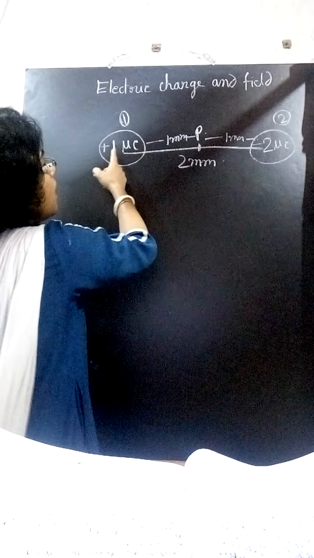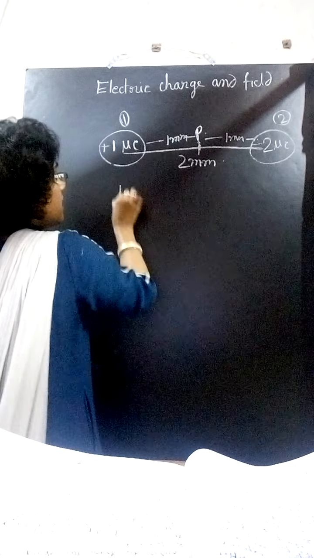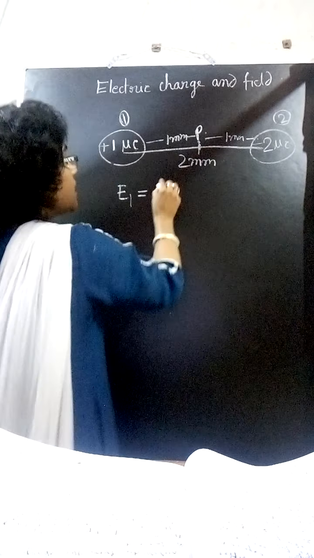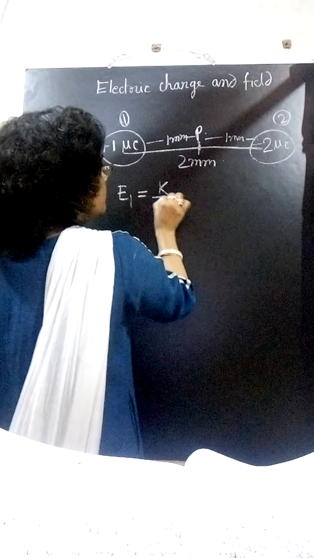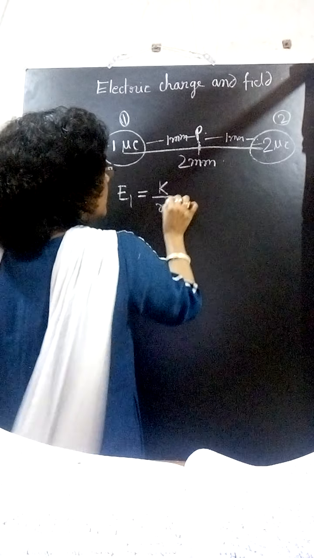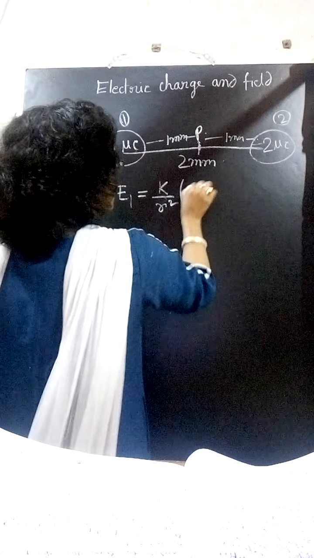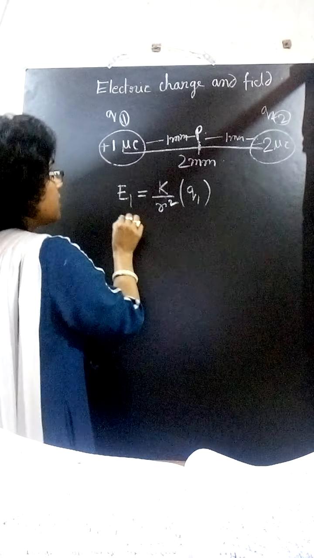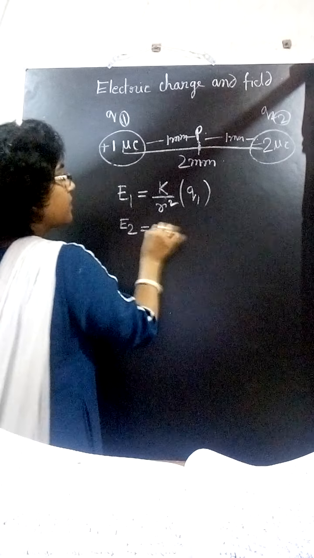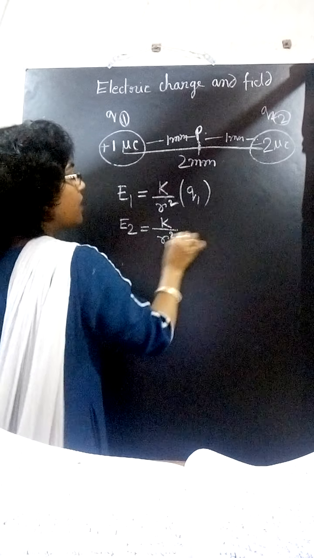Now see, the electric field E1 due to the plus 1 microcoulomb charge at the point P: E1 is equal to K Q1 by R square, and E2 is equal to K Q2 by R square.